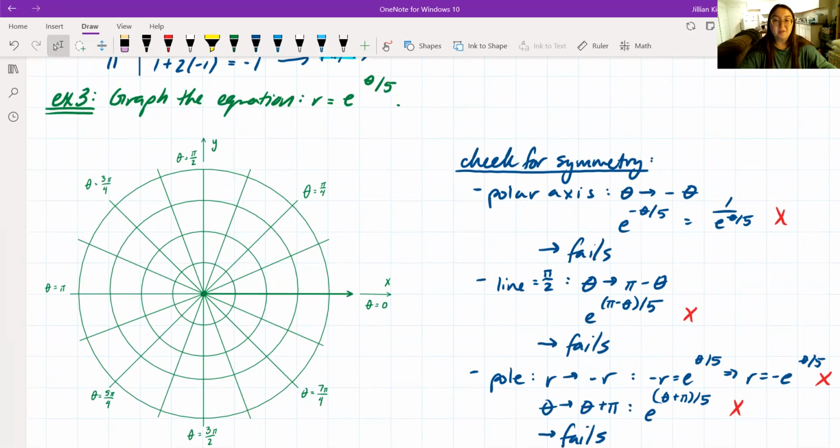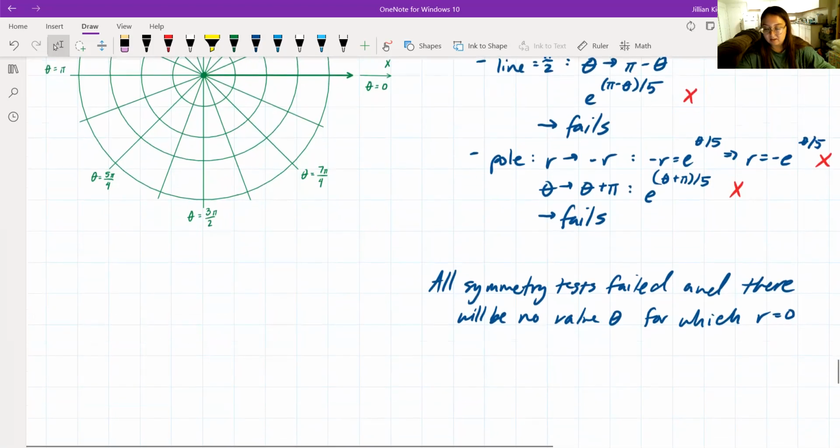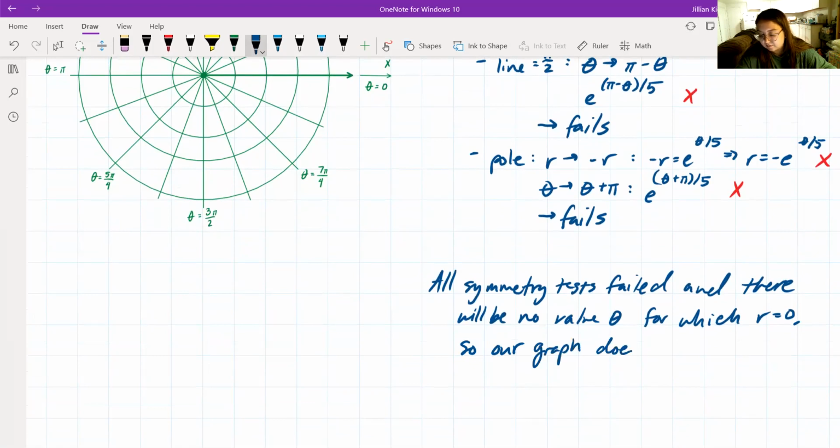If it's never equal to 0, then that means that there is no value of theta that would make r equal to 0, which means that our graph is not going to go through the origin or the pole. So that's something that we can identify right off the bat.